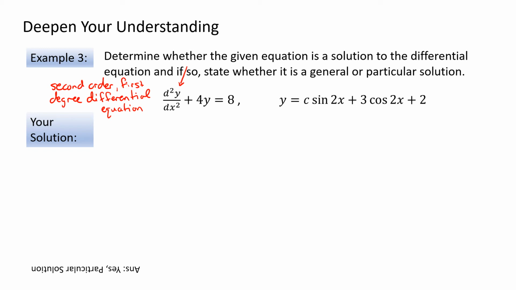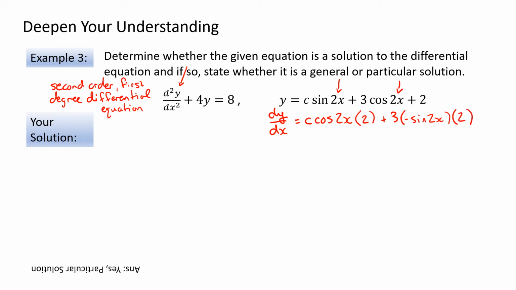So we can find the first derivative, dy by dx, and that's equal to the derivative of the first term, which is c times cosine of 2x times the derivative of what's inside the sine function back here, which is 2, plus 3 times the derivative of cosine, which is negative sine of 2x, again multiplied by the derivative of the term inside the cosine here, which is 2.